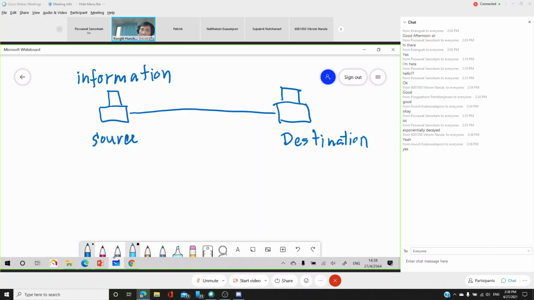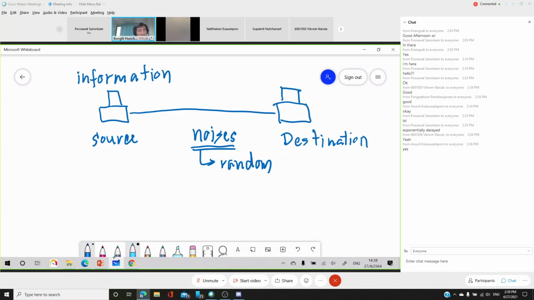And the problem with communications is what we call noise. This noise is unpredictable, it is random. And the noise is going to mix with our information, with our signal.